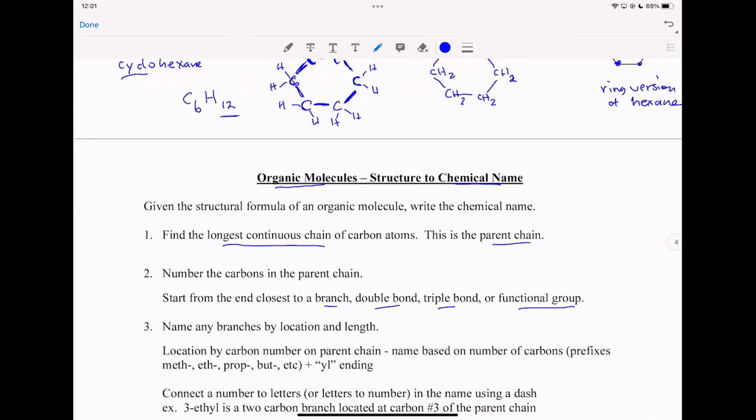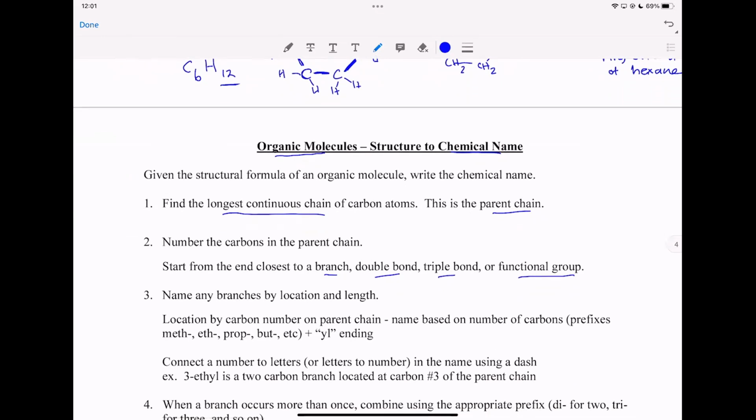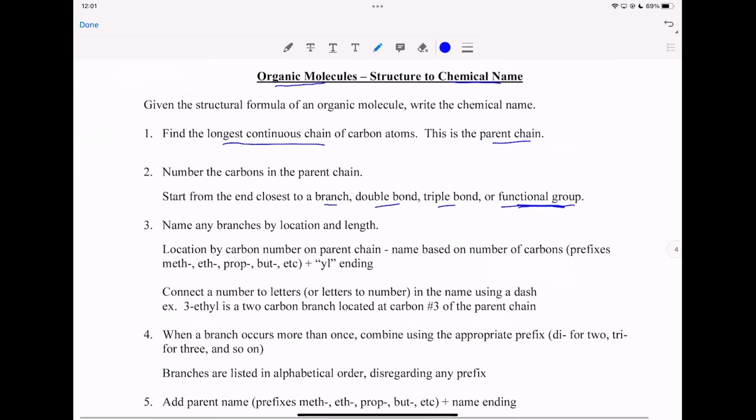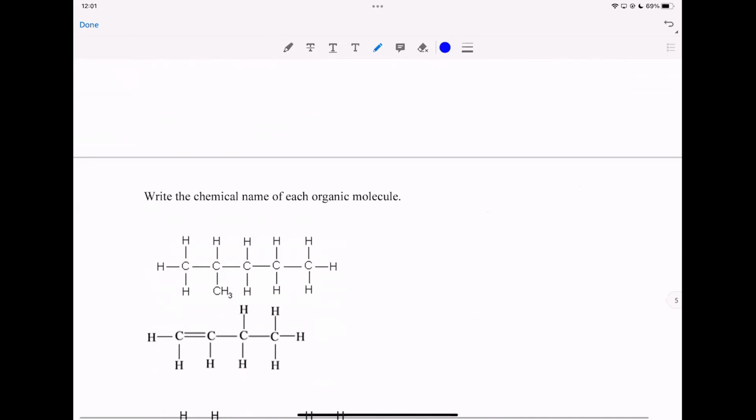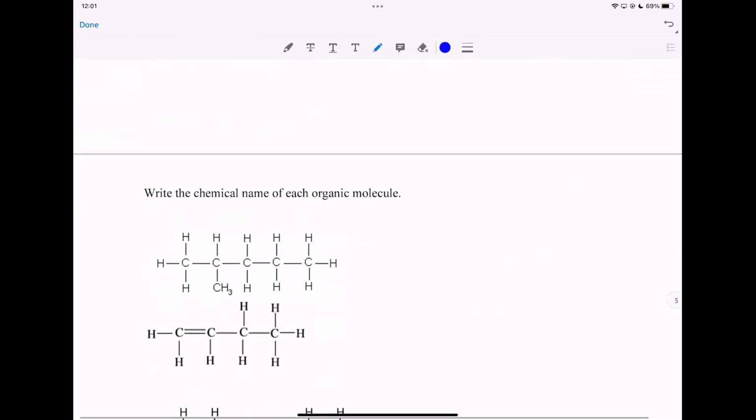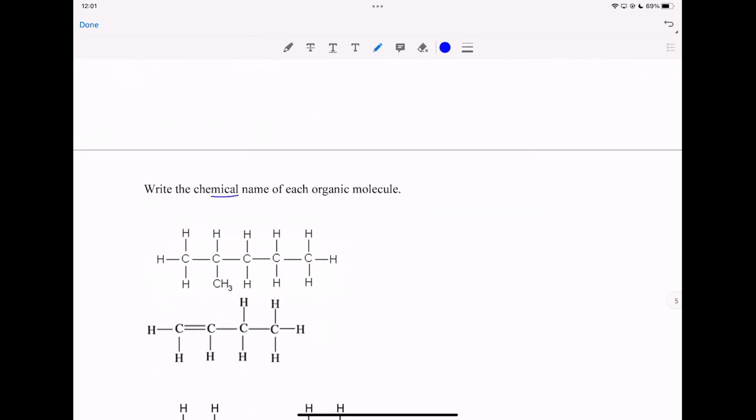Numbering the carbons in that parent chain, starting from the end that's closest to something going on. It's going to be a branch, a double bond, triple bond, or a functional group, which is having a different atom in there, not just carbon or hydrogen. Okay, so let's look at this first example here in this worksheet. So we're asked to write the chemical name.